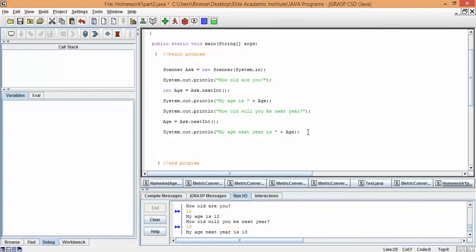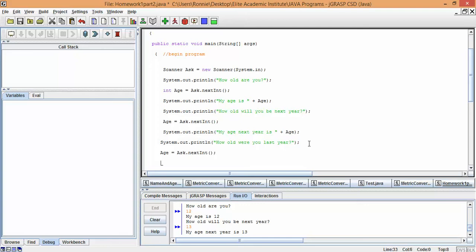I can just do system dot out. In fact, what I'll do is I'll just copy this because I don't like writing this stuff over and over again. Copy this. I'm going to ask the question: how old were you last year? I'm going to get return age is equal to ask next int.